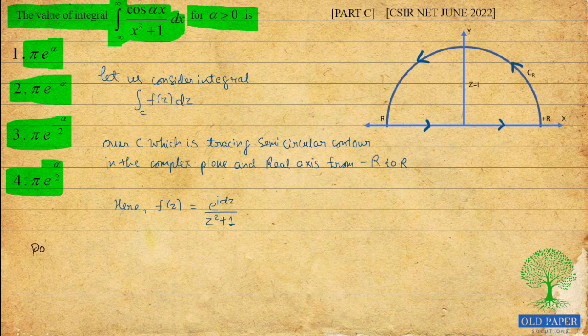Poles of f of z can be written as z square plus 1 is equal to 0. Therefore, z square is equal to minus 1. So the roots of z are equal to plus minus i.